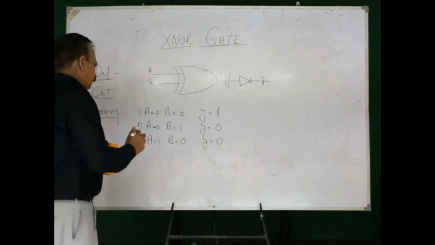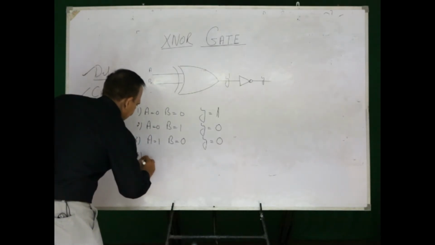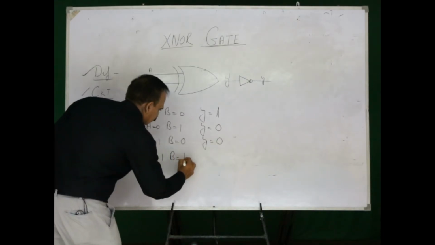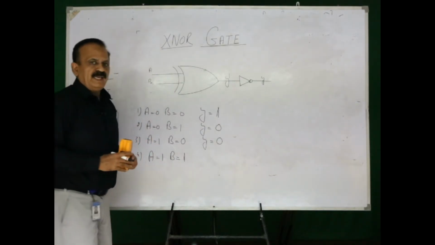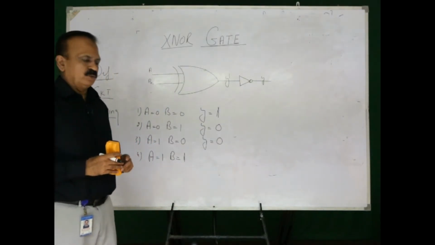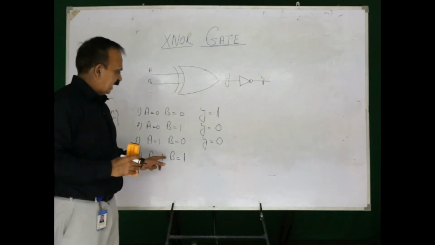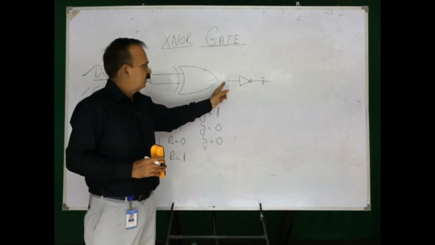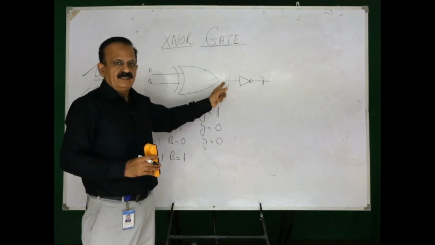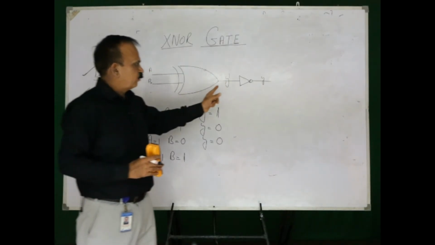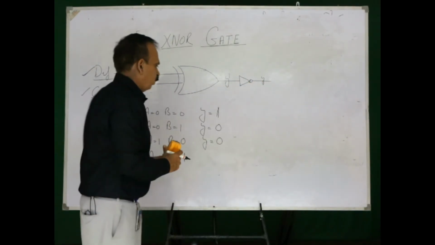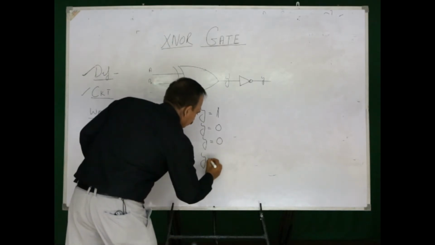The last case, that is A is equal to 1 and B is equal to 1. A and B both equal to 1. So, when A and B are 1, I hope the value of this Y dash is going to be 0 and when this Y dash is equal to 0, Y is going to be 1. Y will be equal to 1.